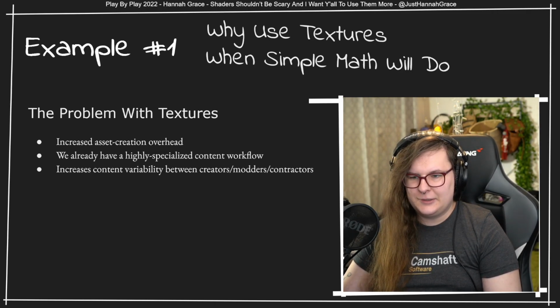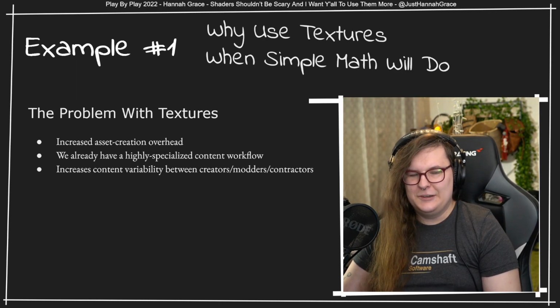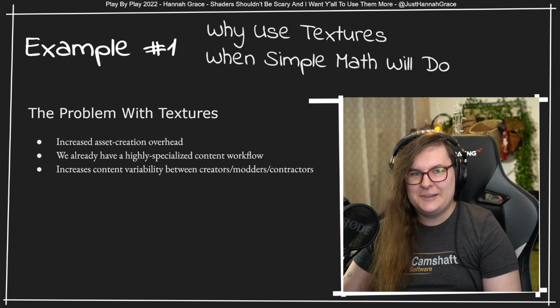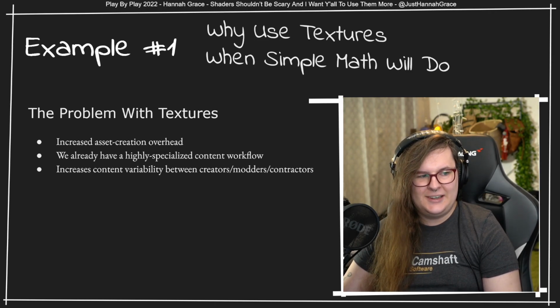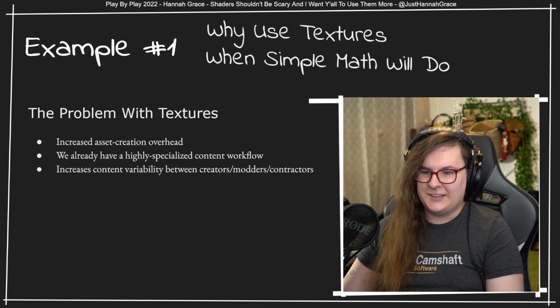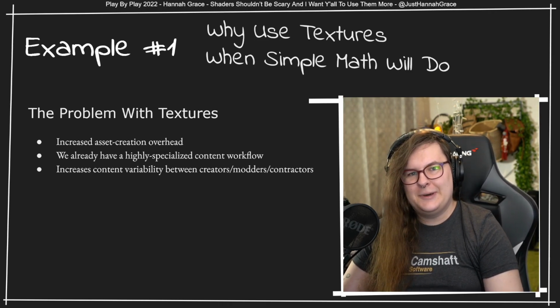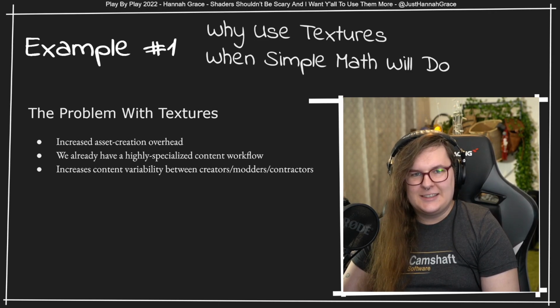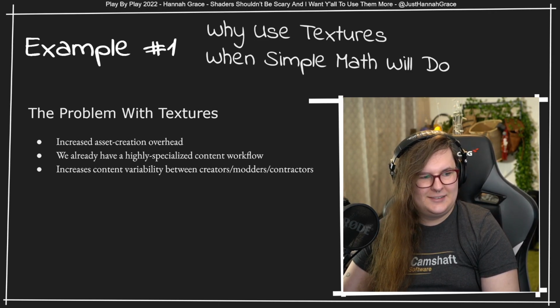We have a lot of content, thousands and thousands of unique meshes. If we had unique textures for those meshes, that is a vastly increased asset creation overhead. We've already got a highly specialized content workflow. Things have to be done in very specific ways, and adding more on top of that just makes things even more complicated.